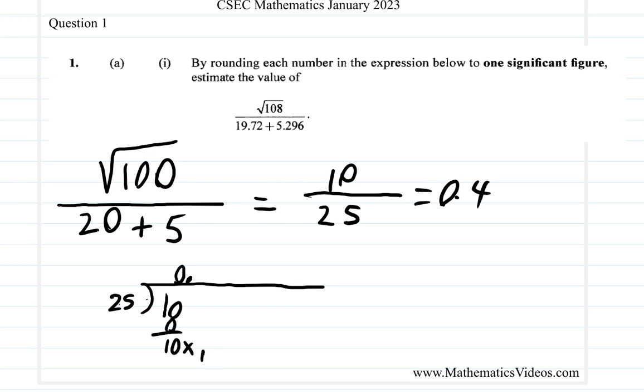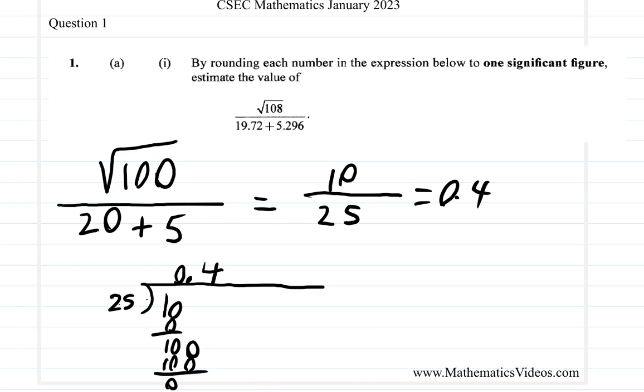When you multiply this by 10, it becomes 100. 25 into 100 goes 4. And you put the 4 right here. 4 by 25 is 100. 100 minus 100 is 0. So you stop there. That's another way you could get it. But anyway, the answer for part A1 is 0.4.